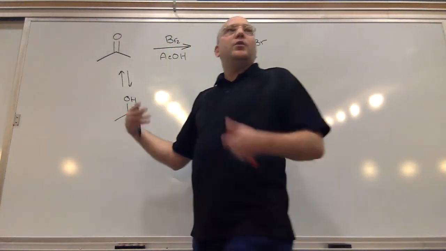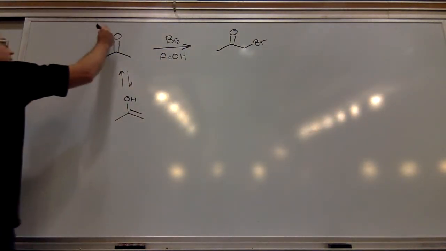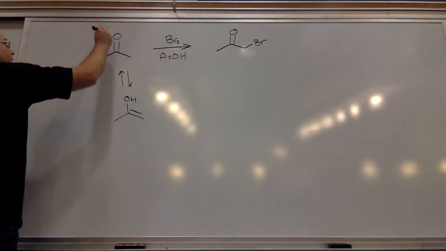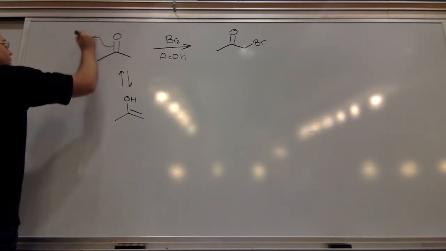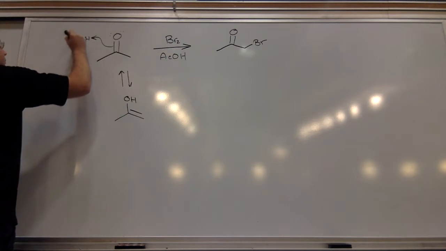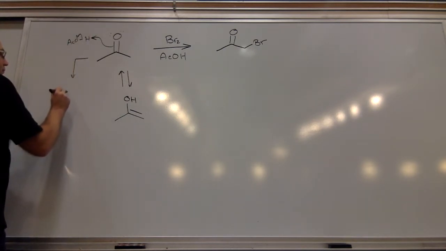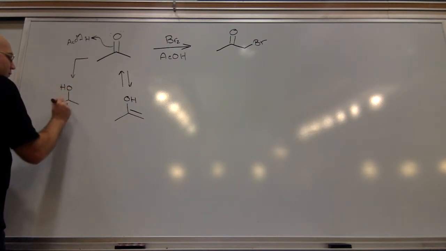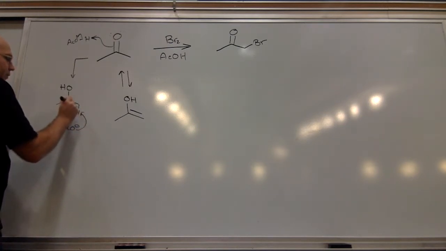If we want to use the acetic acid as our source, the way we would get there is by protonating this bond, because we've been doing that quite a bit. And then you're going to regenerate your acetic acid through an elimination reaction.